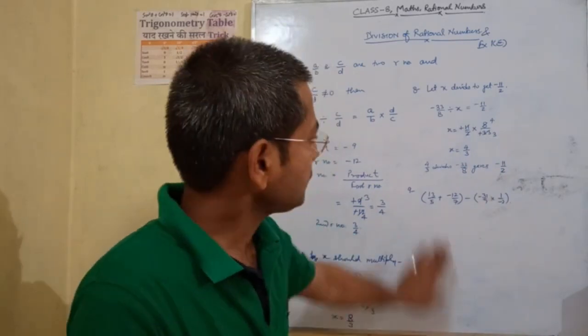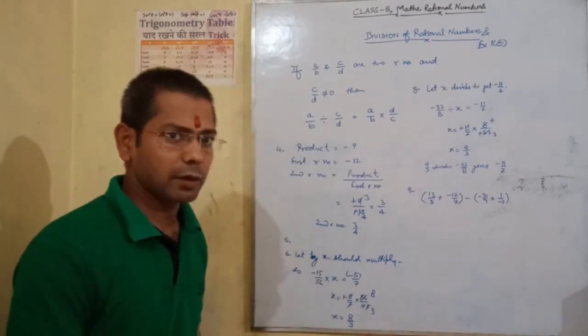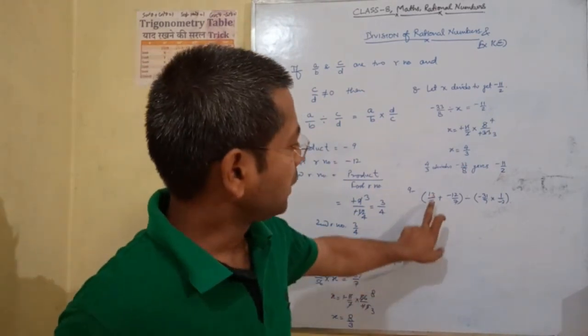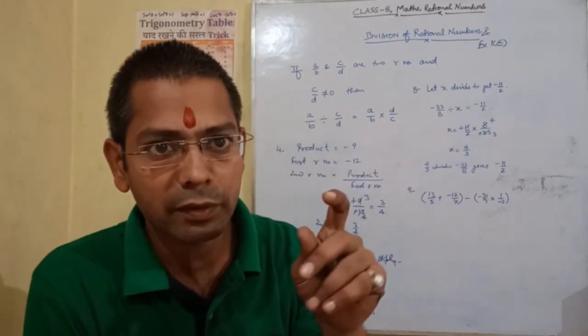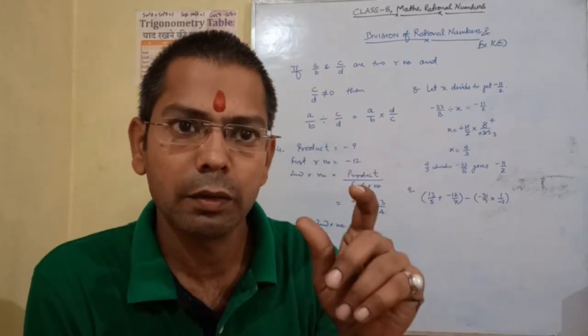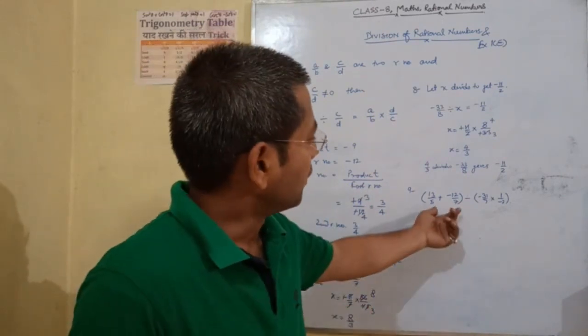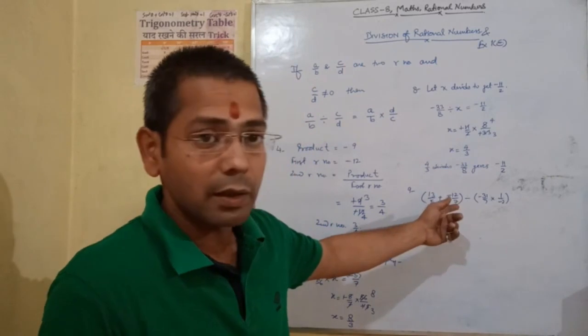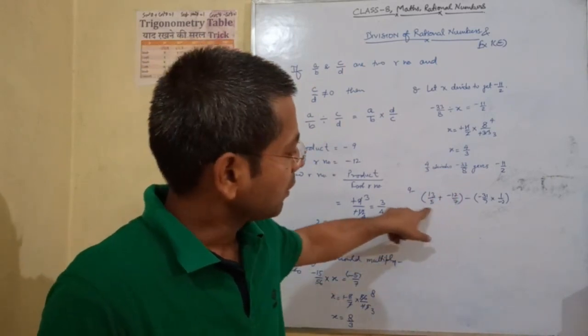Now the next question, 9, tells us: divide the sum of 13 upon 5 and minus 12 upon 7 by the product of these two numbers. It is saying divide the sum of, so first we have to do the sum. The sum of 13 upon 5 and minus 12 upon 7 we do in this bracket.